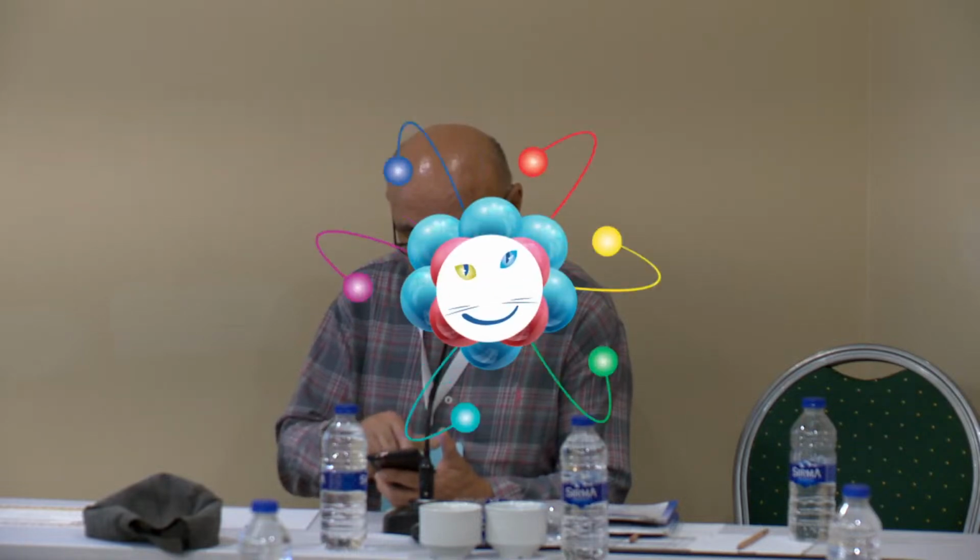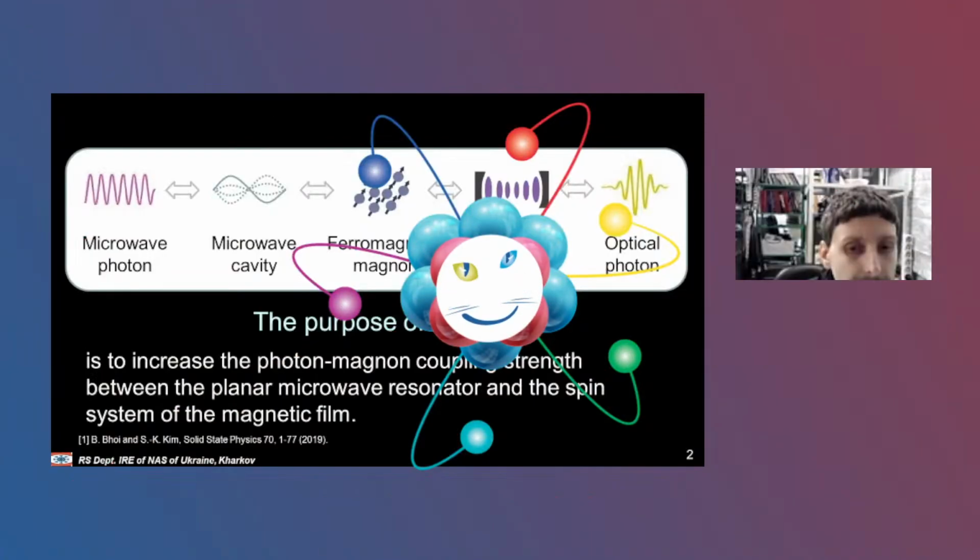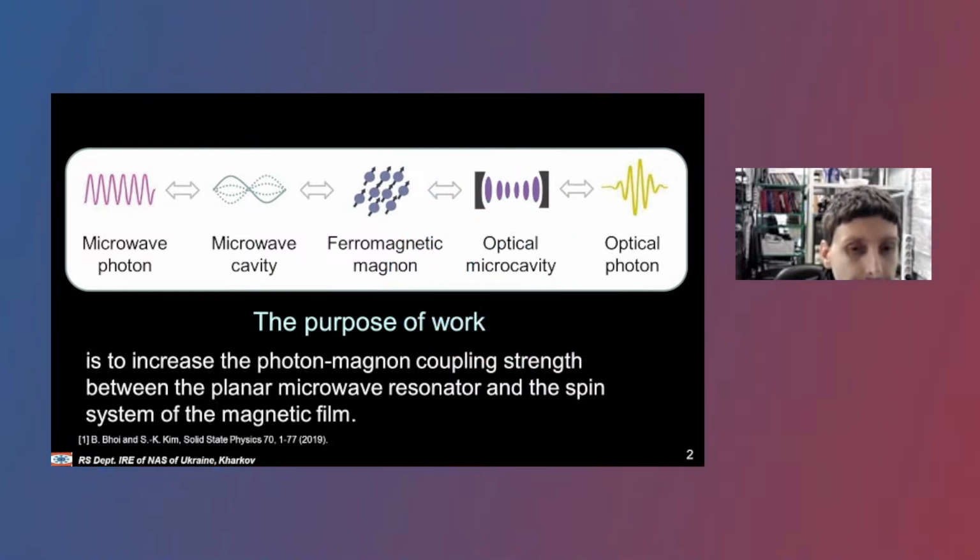In such a system, the key parameter is the photon-magnon coupling strength. Thus, the purpose of this work is to increase the photon-magnon coupling strength between a planar microwave resonator and the spin system of a magnetic sample.